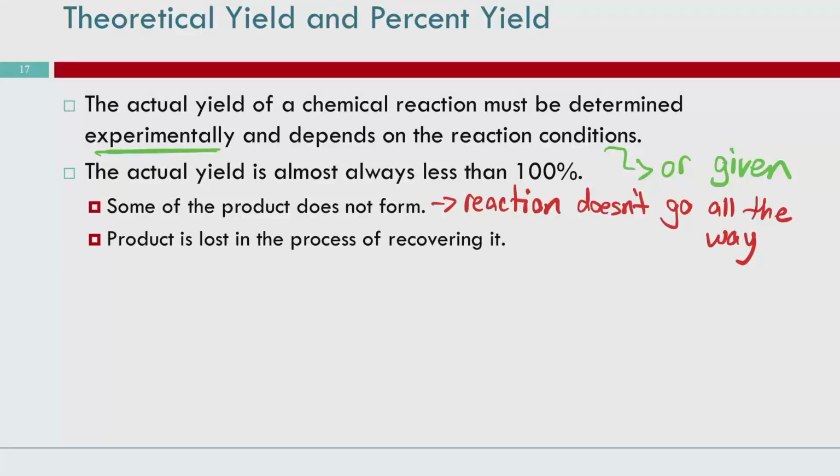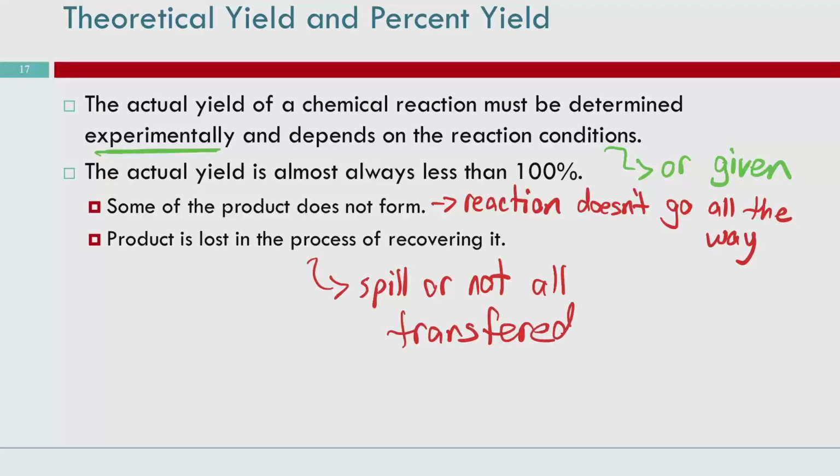We accidentally sneeze, some of it gets blown off the scale. Something happens where we lose some product somewhere. So those are some reasons that we might end up with less than 100% yield. Question?